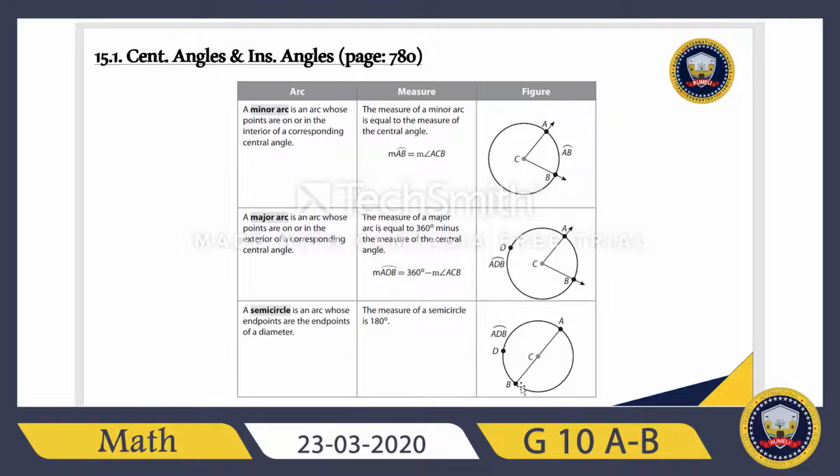The diameter passes through 2 points of the circle and passes also through the center. So this arc here is a semicircle, or half of the circle. What is its measure? Very clear. It is a straight angle, so it is 180 degrees.